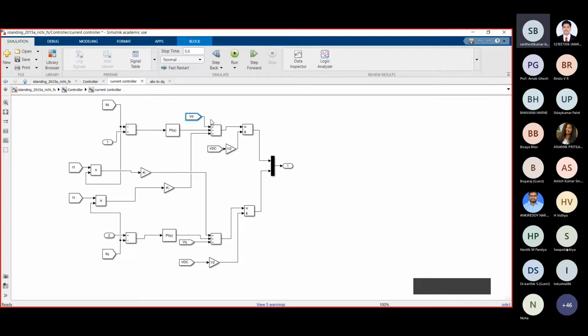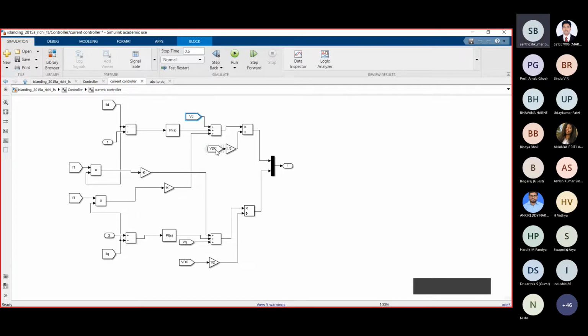If we remove VD and VQ, this term we can remove, but it will settle slowly. We don't know what is happening at the load side. If we consider this load-side dynamics in the control law, the controller can immediately understand that something is happening and generate the modulating signal accordingly. That's why we are considering this extra term.